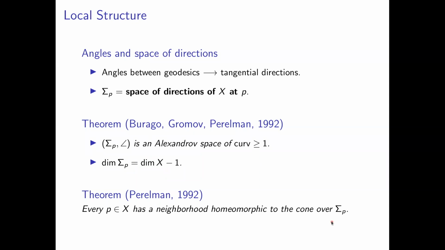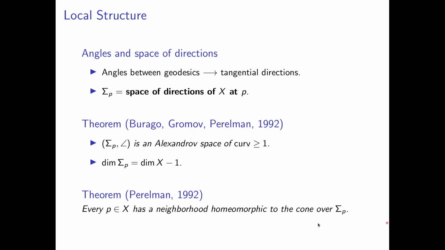So Rn is a cone over the (n-1)-dimensional sphere, and on a Riemannian manifold, the exponential map gives you a diffeomorphism of a small ball onto a metric neighborhood.